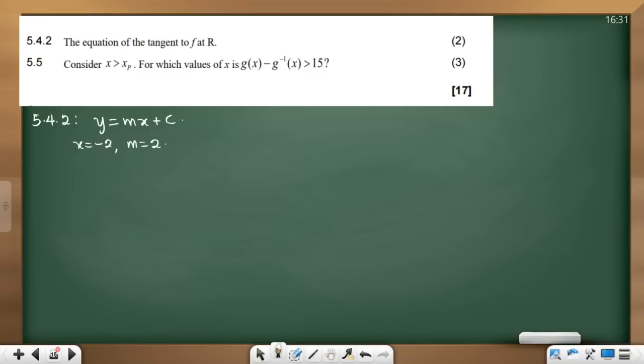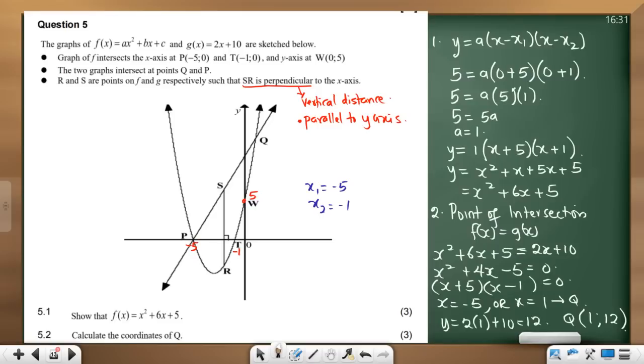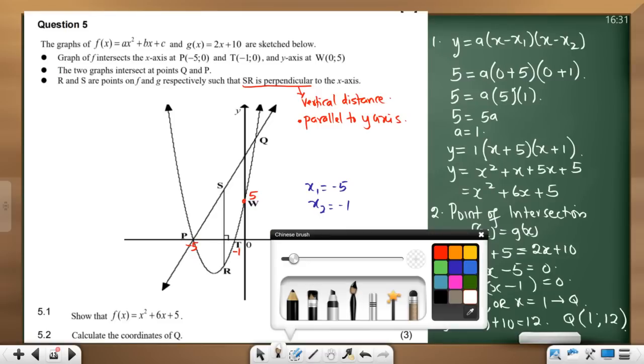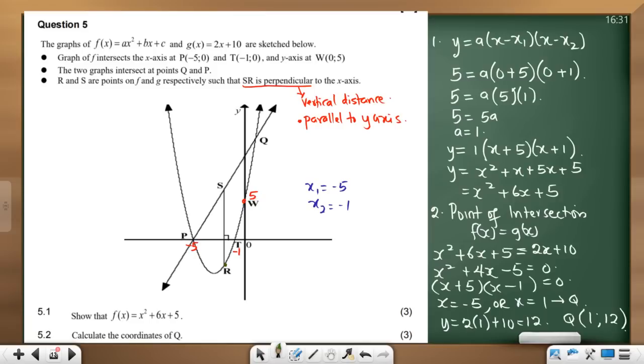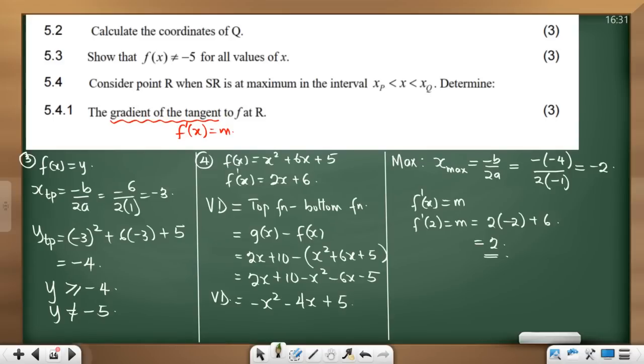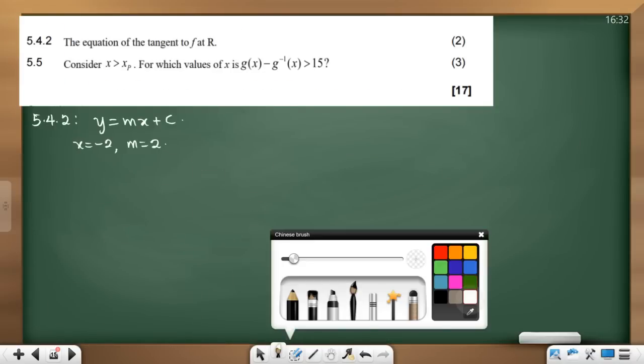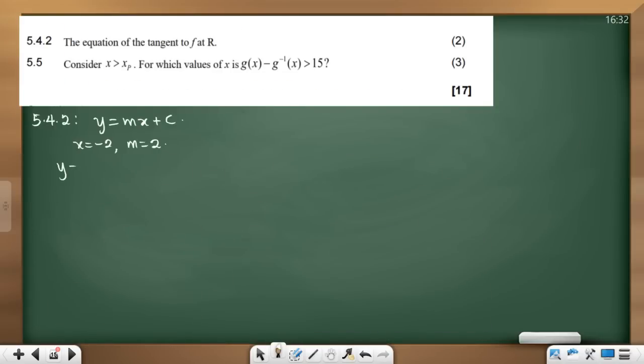The question would be, what is y? Let's go back. Equation of f at R. Okay, so we do not know the y value there, but how do we get the y value at any point? We sub back into the original equation. That's how we get the y.